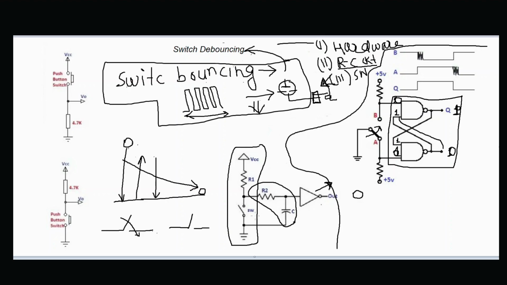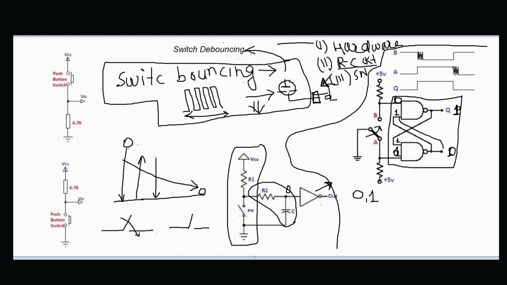But when you switch back, the capacitor will be connected to ground. So it will discharge through R2, and then it will be 0, and so you have an output of 1.